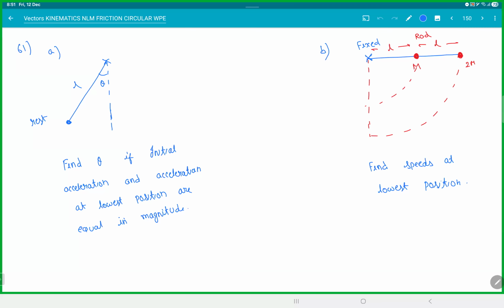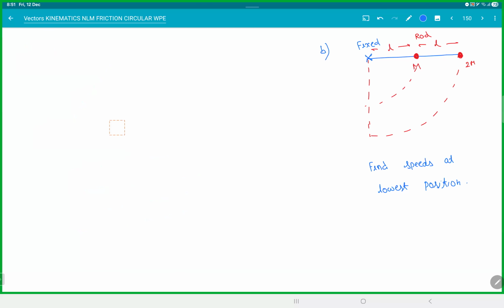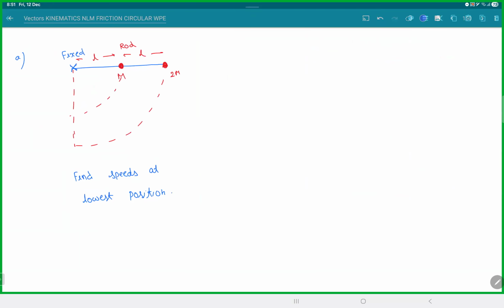Let's get these two. No, this thing we already did. Let's get that B1. We have a rod here, with masses m and 2m. The total length is 3L. It is released from rest. Find the speed at the lowest position.